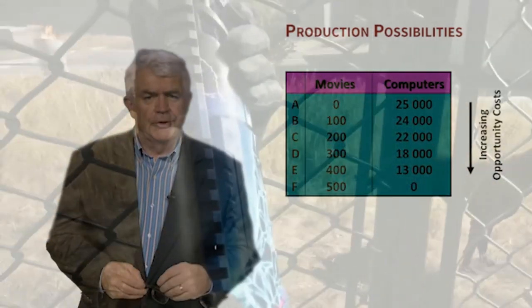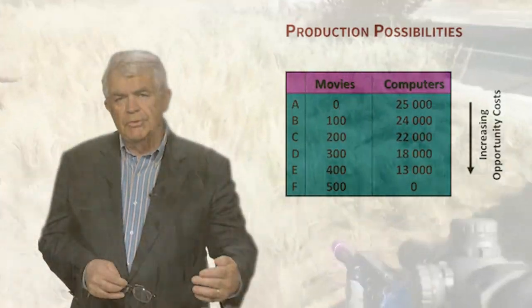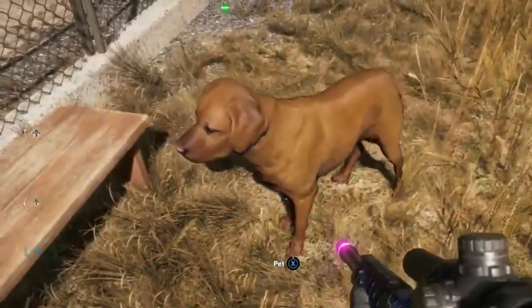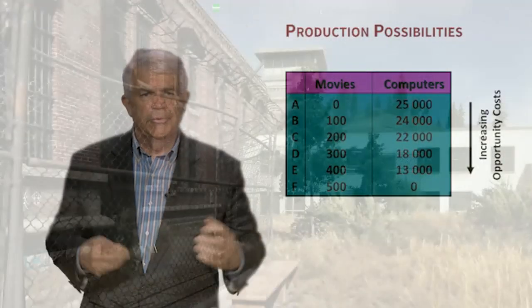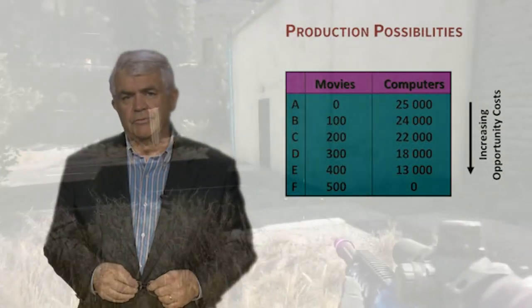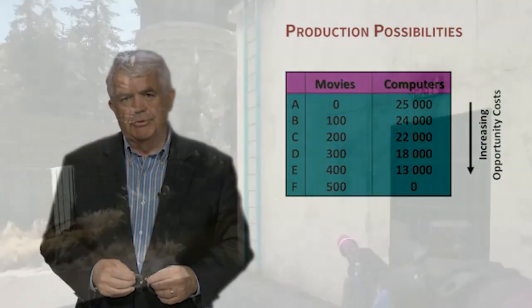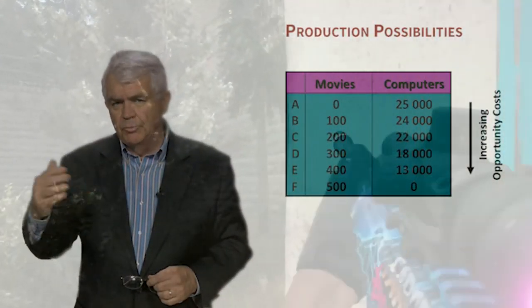That's the opportunity cost. Remember, the opportunity cost of producing more movies is less of something else, in this case, fewer computers, 1,000 fewer computers. If you produce more movies, say 200 rather than 100, that's an increment of 100 if you think about it. You also get fewer computers, but in this case it's even more of a loss.